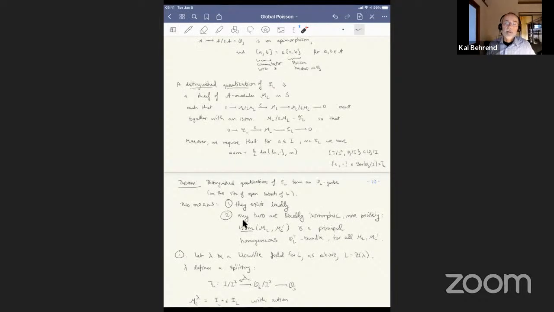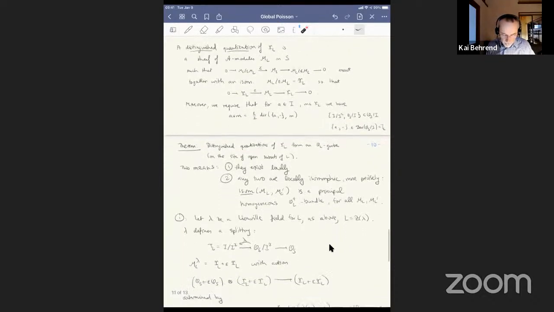That's first of all what it means. And if I have any two, ML and ML prime, then I have a sheaf of isomorphisms. This sheaf of isomorphisms has to be a principal homogeneous bundle for this sheaf of abelian groups OL with respect to addition. That's what it means to be an OL gerb.